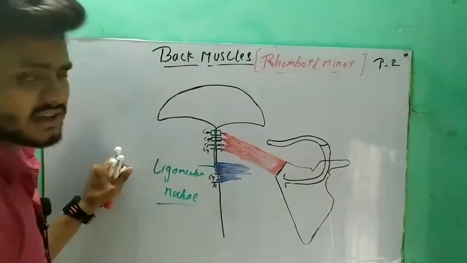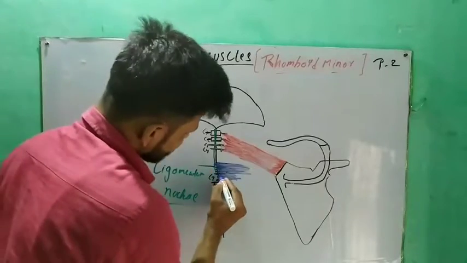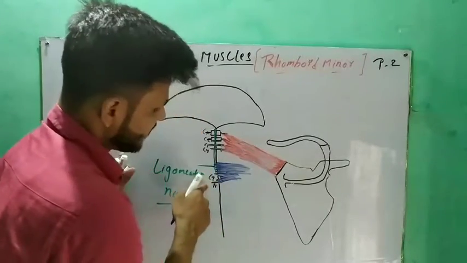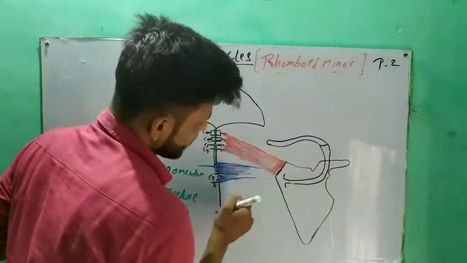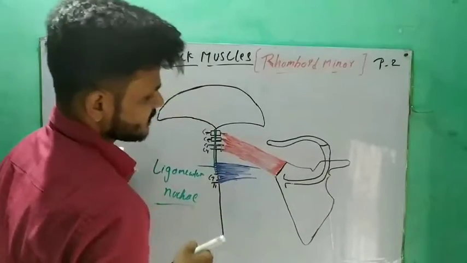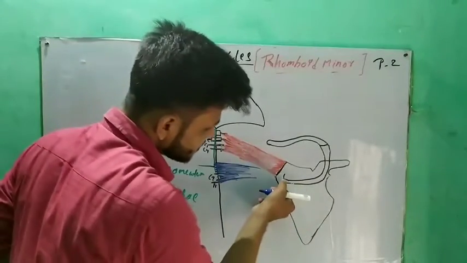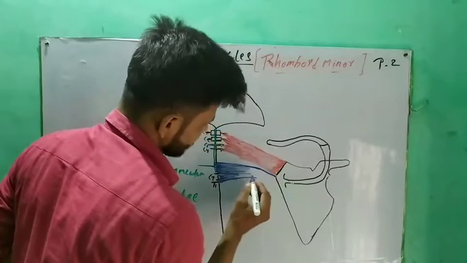Rhomboid minor का origin कहाँ से होता है? Lower part of the ligamentum nuchae plus transverse process of the C7 and T1 vertebrae and inserts into the base of the root of the spine of scapula. This is the spine and this is the base of the spine and insertion just below the levator scapulae.